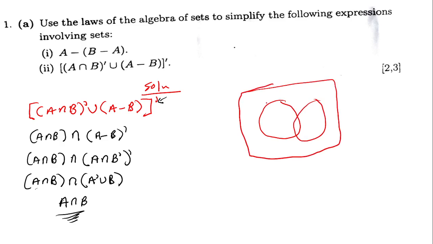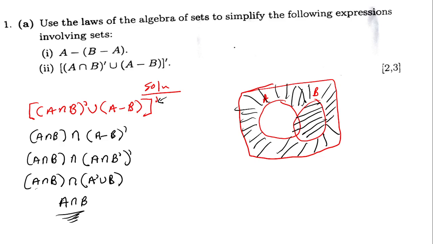So this is your A, this is your B. So A complement union B is B with the outside, meaning it is B like that with the outside, without including A. So this is A complement union B. It's not B, but B with the outside.